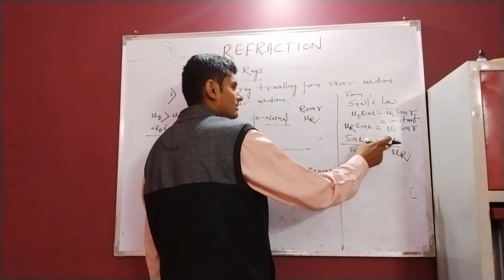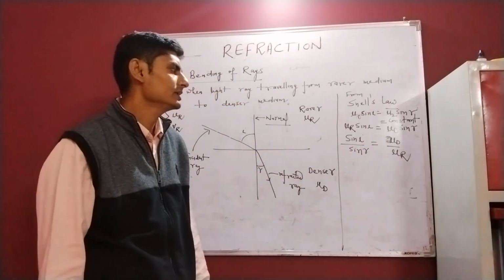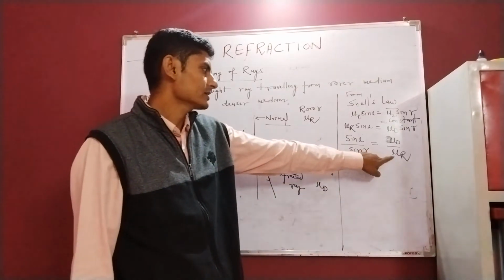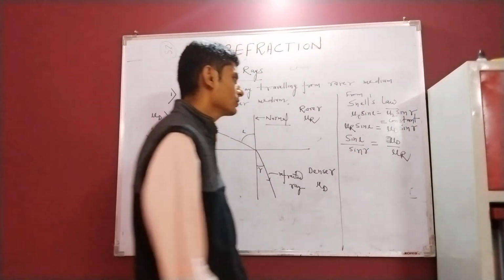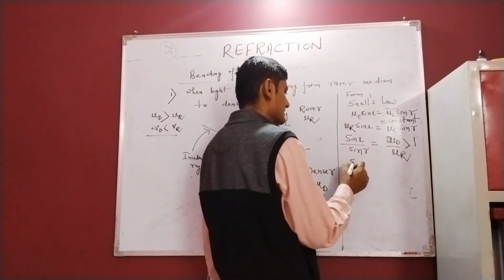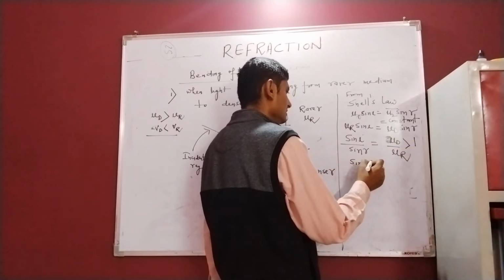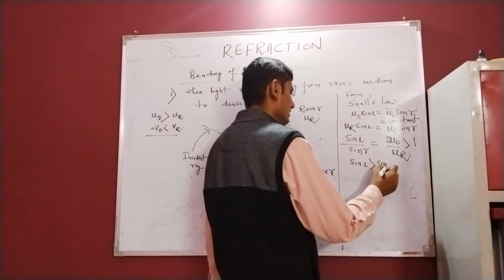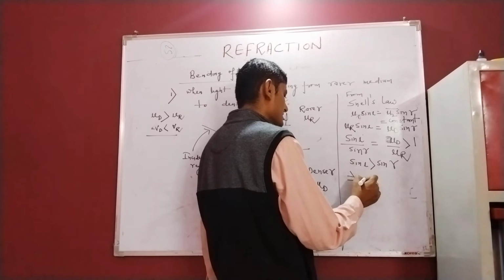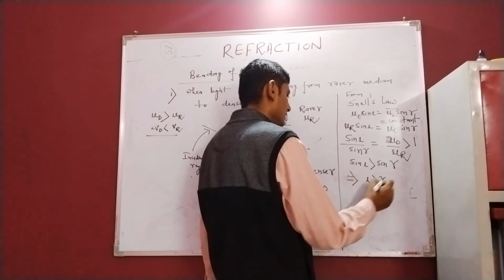And we know that the refractive index of the denser medium is more than that of the rarer medium. So this will be greater than 1, which states that sin I is greater than sin R, which implies that I is greater than R.